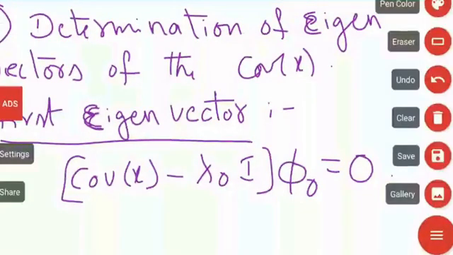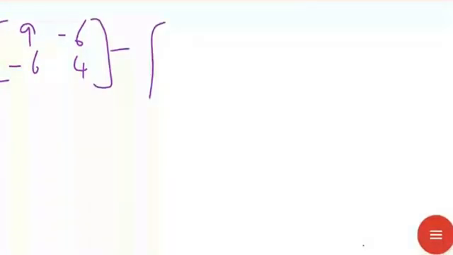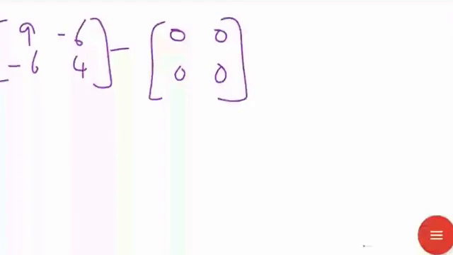Now here, substitute. Covariance of x is [9, -6; -6, 4] minus lambda naught, which is nothing but 0.